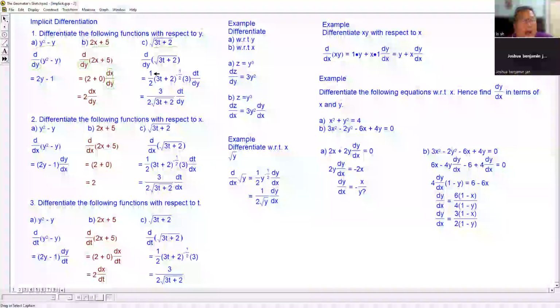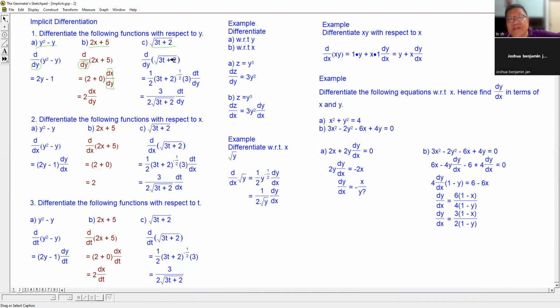Right? Half, 3t plus 2, to the negative half. Differentiate inside, 3. However, you are differentiating t with respect to y. You are not differentiating t with respect to t. So if you're differentiating t with respect to t, then you don't have to add something there.